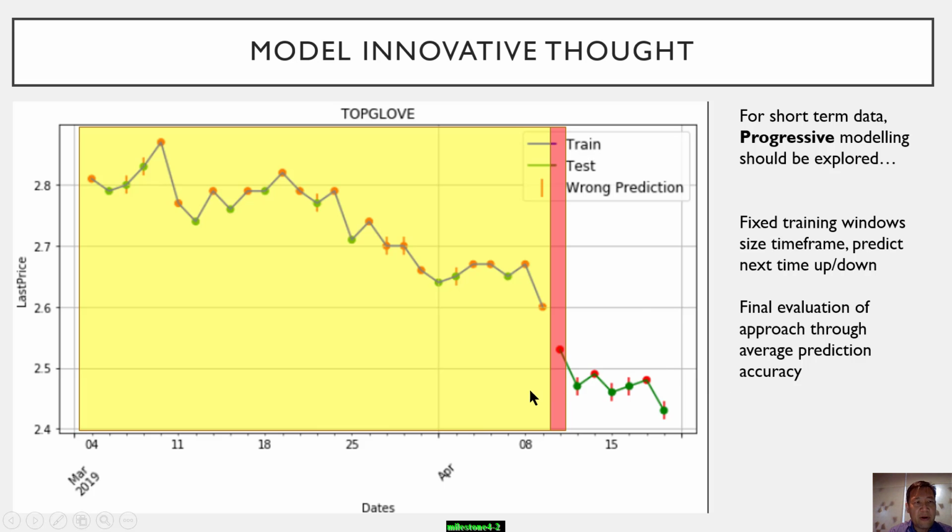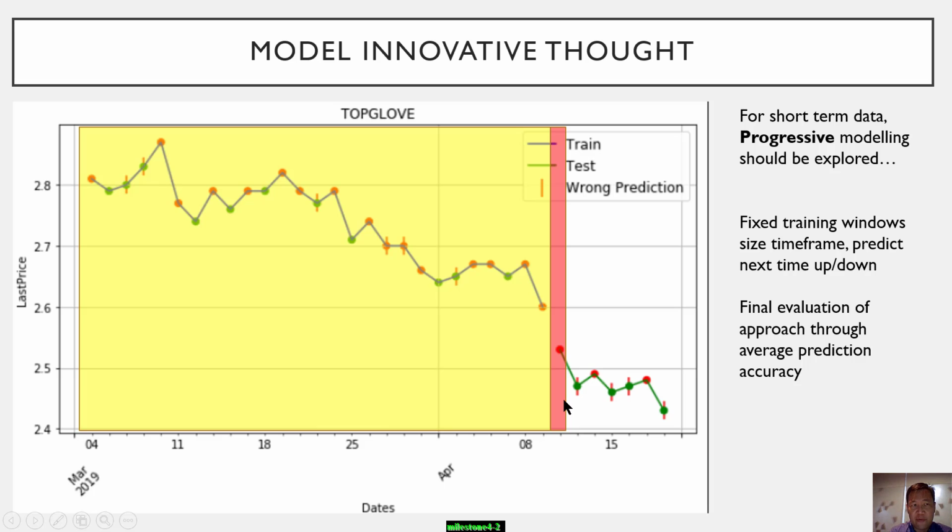But what I'll be more interested in is to explore another machine learning method, which I call progressive modeling, whereby we fix the training window and we predict only one observation, the next business day, and we shift the model.